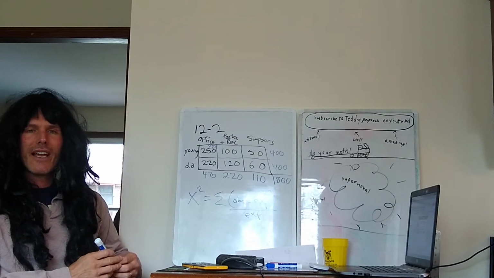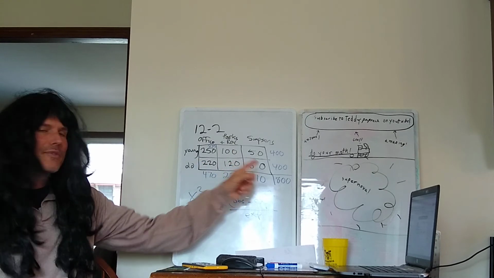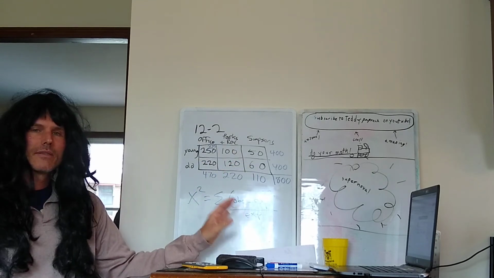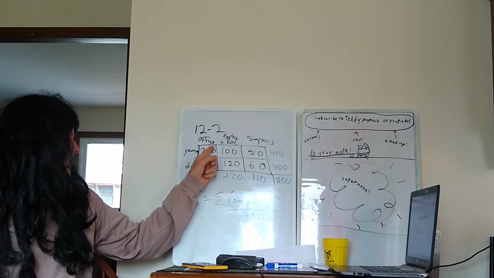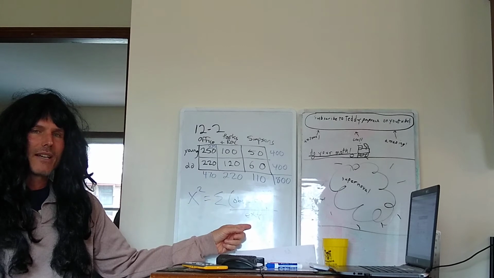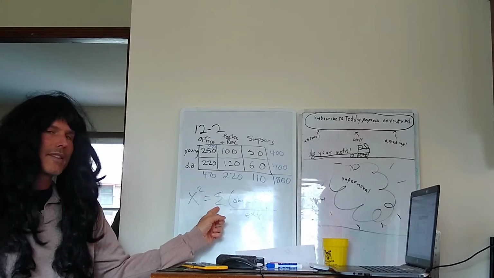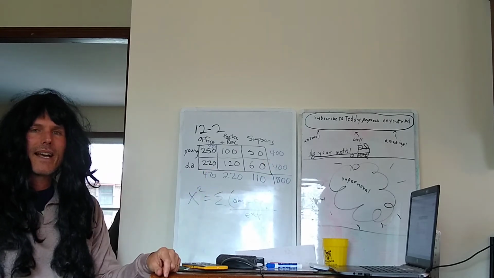And I have to do that for every cell. I'm going to have 1, 2, 3, 4, 5, 6 separate cells here. For each one of them, I take the observed cell count minus the expected cell count, square that, and then divide by the expected cell count. Then remember, this means add those up. I do that for each cell, and I add up those terms, and that gives me the value of chi-squared.